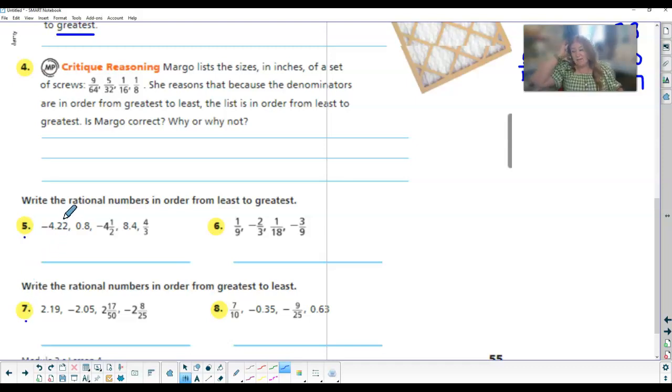So number 5, this is already a decimal, decimal, decimal. So we're looking good so far. So -4.5. How do I write -4.5 as a decimal? It's negative 4.5. Half of 100, right, is 50. And then 4/3.